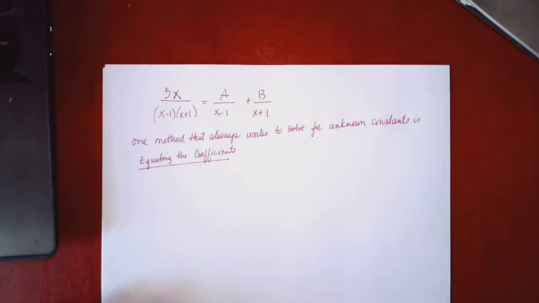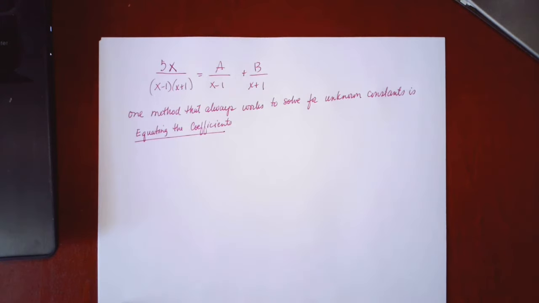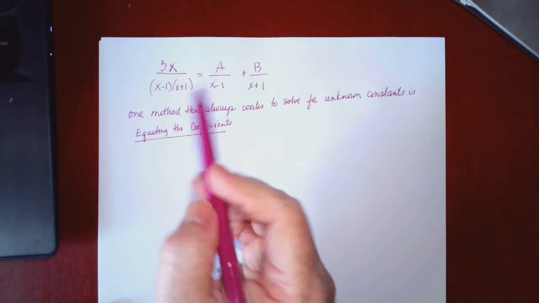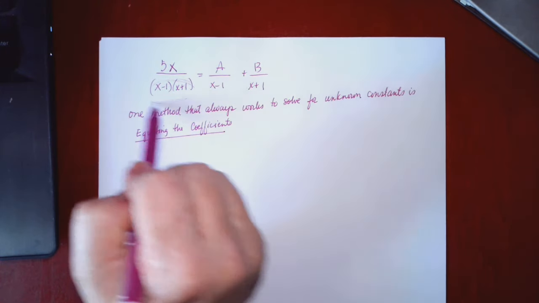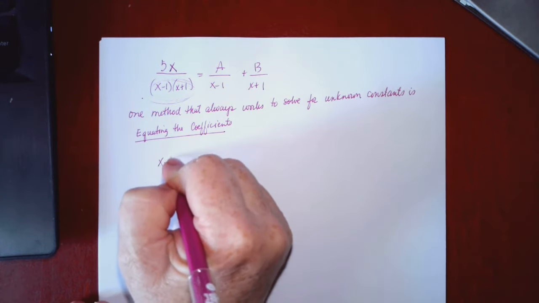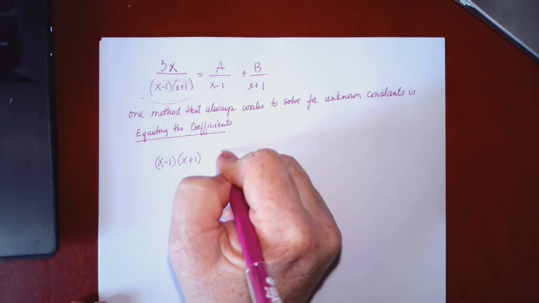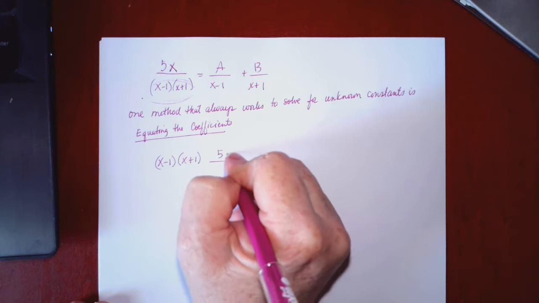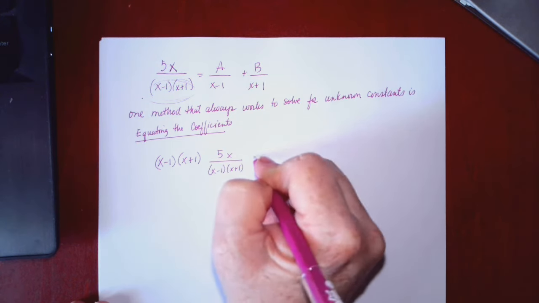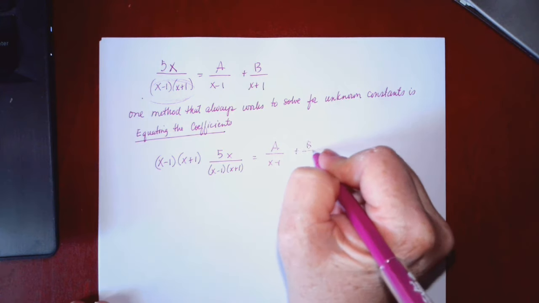What we do to equate the coefficients is the following. We take the least common denominator, which will always be the denominator of the original function, and we multiply both sides of the equation by that least common denominator. So I'm going to multiply the left-hand side by that least common denominator, and I'm going to multiply the right-hand side by that least common denominator.